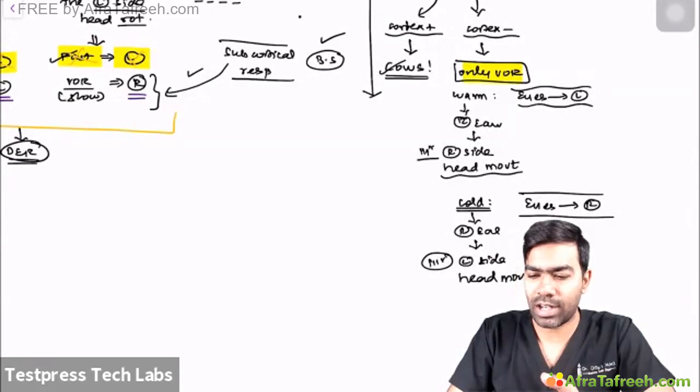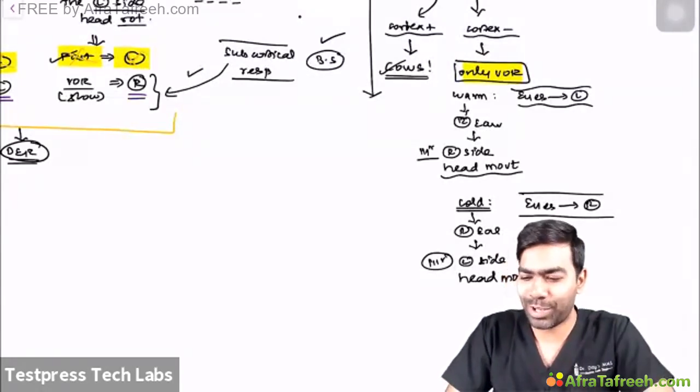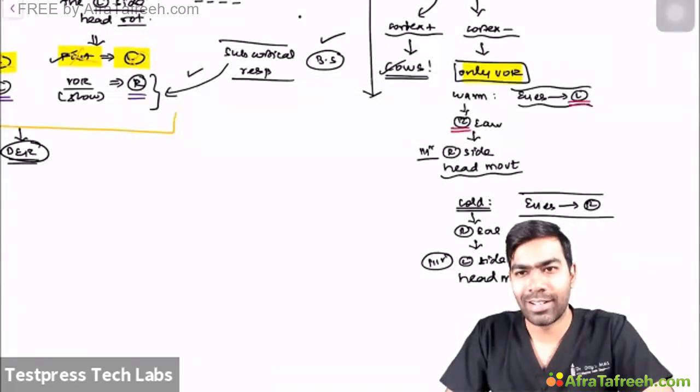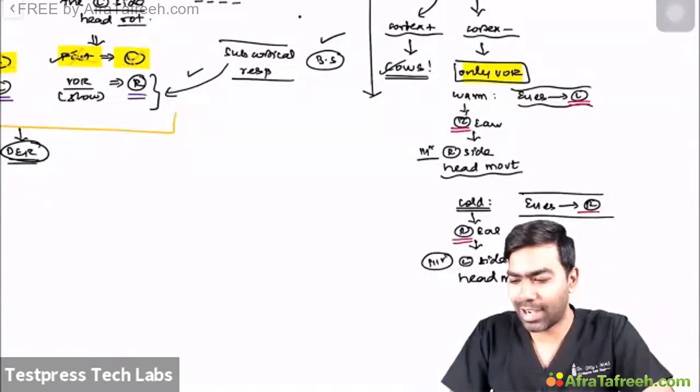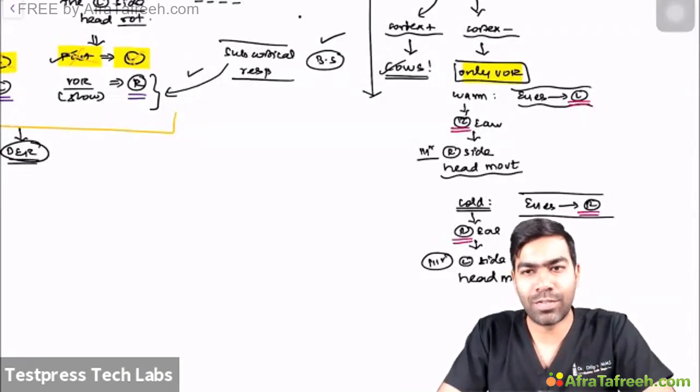So your entire rule of COWS will be completely lost, which means when you are putting warm water in the right ear, your eyes move towards the left side, and when you put cold water in the right ear, your eyeballs move towards the right side. So many students get confused at this point.